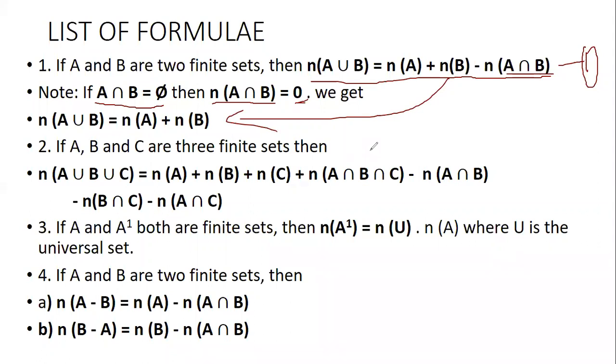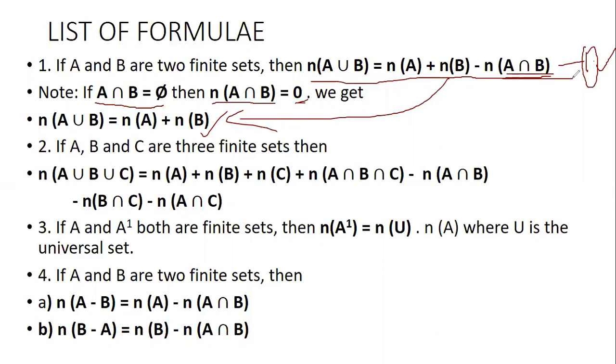Suppose we have similar elements in n of A intersection B. Similar elements, how do you mean? Intersection only means common elements, right? If you have the data or the number directly, you can go with the first formula. I'm not saying you should use only this. This is the first formula and we will be using this formula.